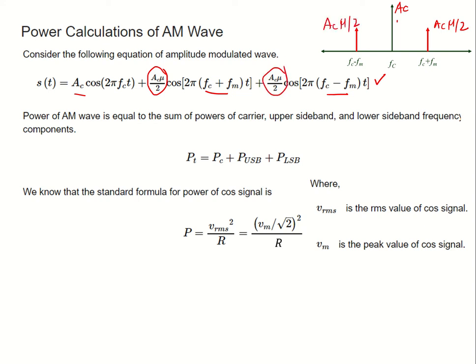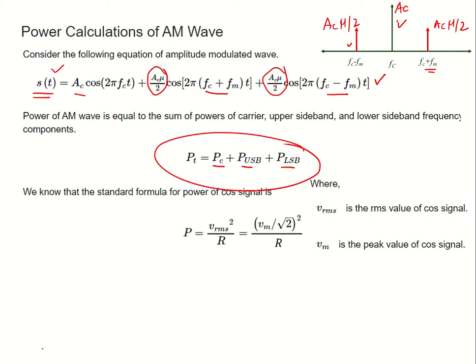Now if you want to calculate the power of the AM modulated signal, that will be equal to the power of this carrier, the power of this upper sideband and the power of this lower sideband. The sum of these powers will be the total power of this AM modulated signal.